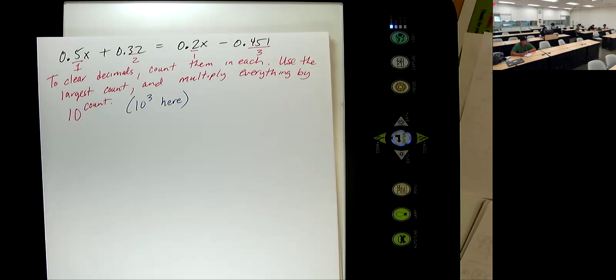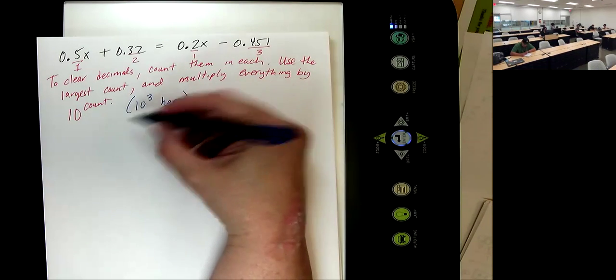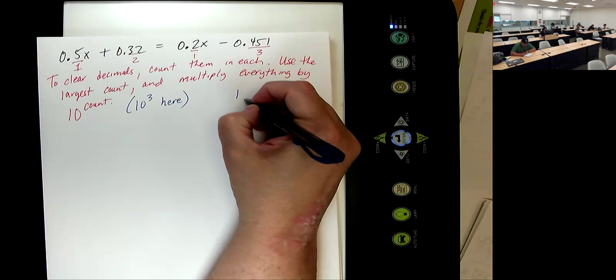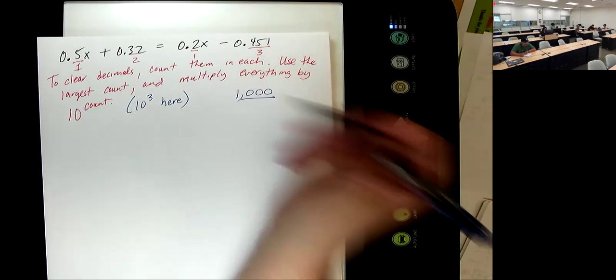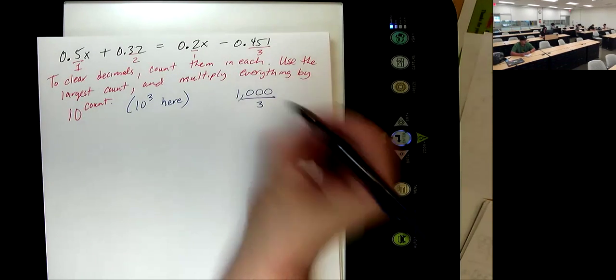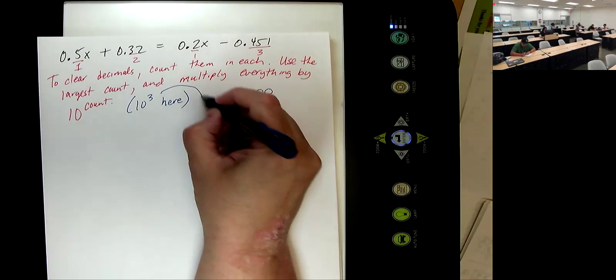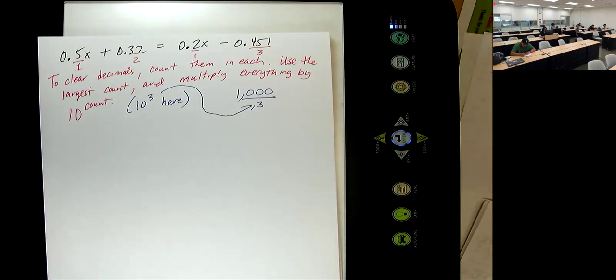That is a shorter way of writing, without using a lot of words. It's really 1 followed by that many zeros. So in this case, 1000. So we're gonna multiply by 1000.